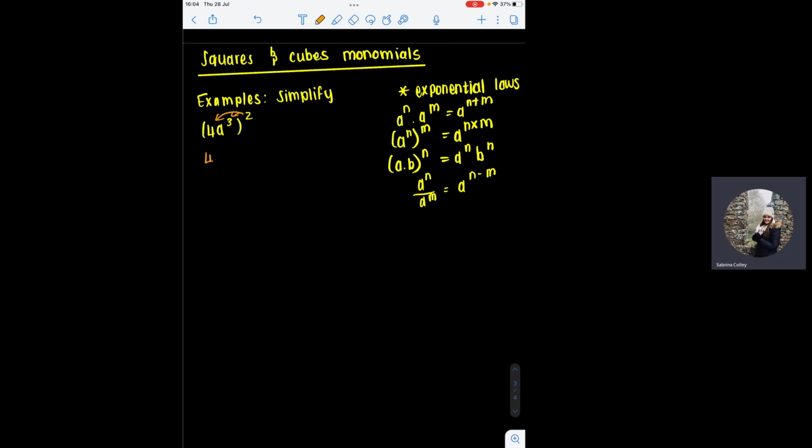So 4 to the power of 2, and then a, I've got 3 and then to the power of 2. I need to multiply the powers, so 3 times 2 is 6. Now I know what 4 squared is, that is 16. So I've got 16a to the power of 6.